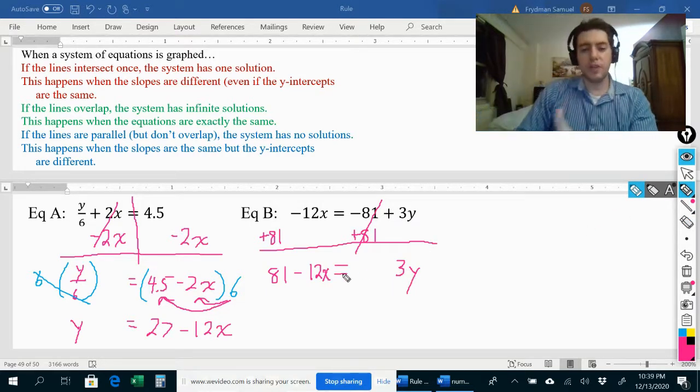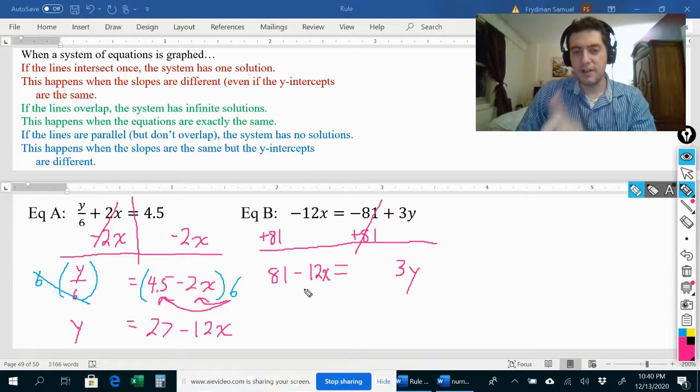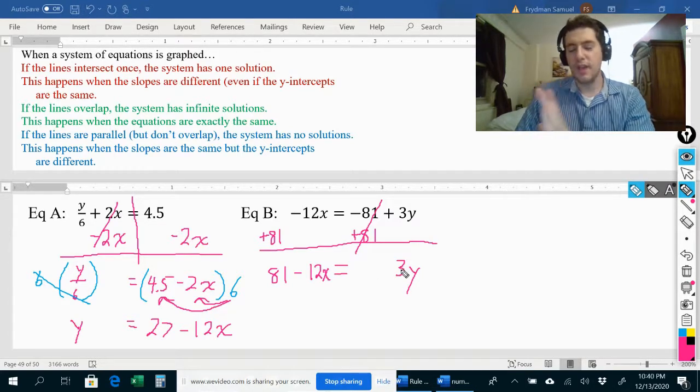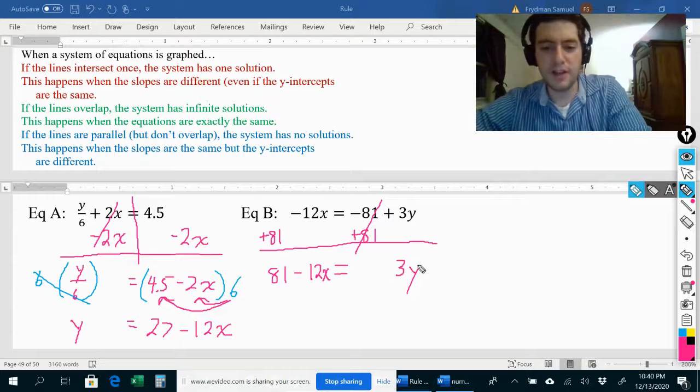Now you might be looking at this and thinking to yourself, the slopes here are the same, but they're not the same because really we're not done over here. The y still has a 3 next to it. So we have to divide that 3 away. This is 3 times y, so we have to divide that 3 away.